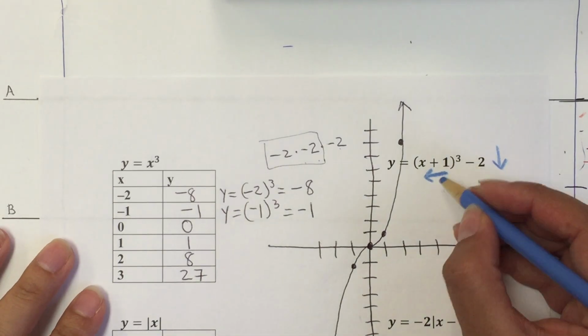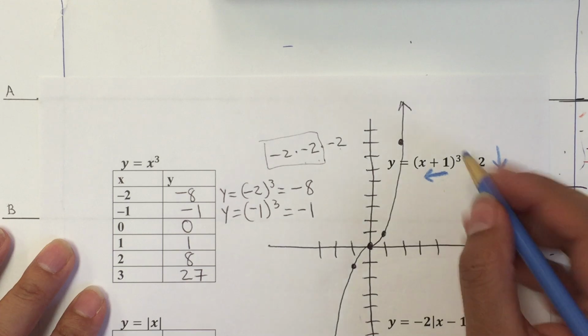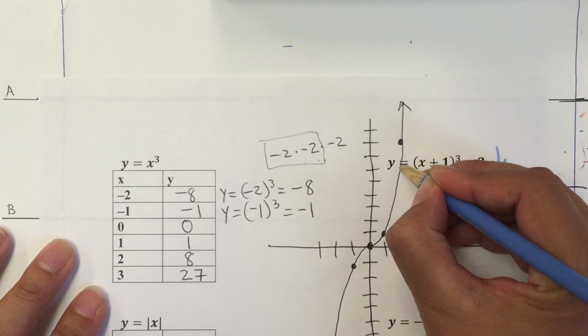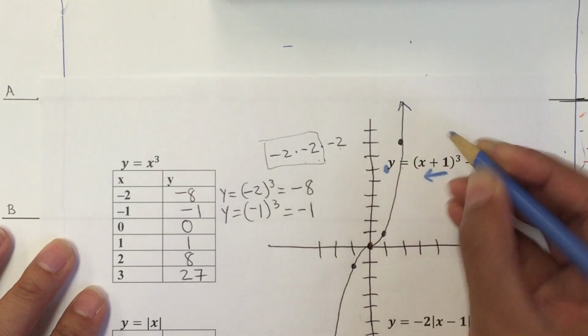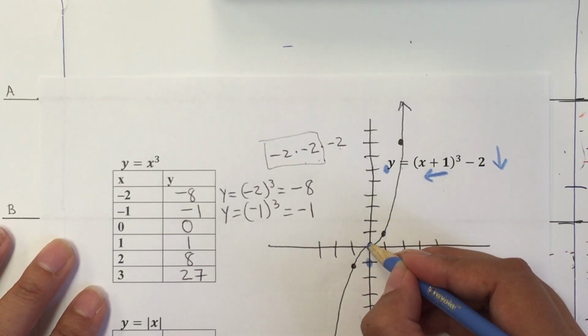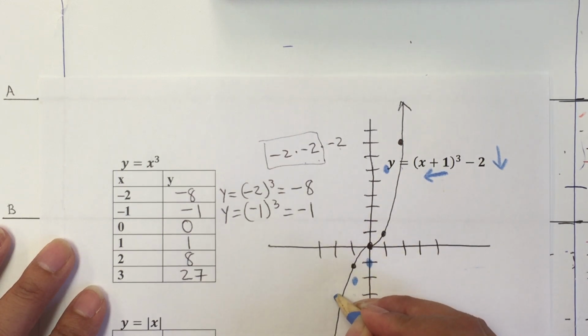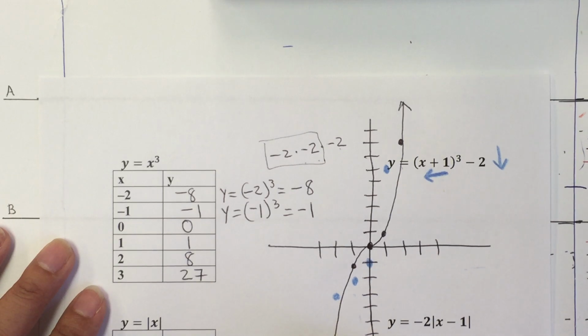But in here, every point is gonna move down 2 and then 1 to the left. So it's gonna be 1, 2, 1 to the left. 1, 2, 1 to the left. And this one, 1, 2, and 1 to the left. This one, 1, 2, and 1 to the left. And 1, 2, and 1 to the left.